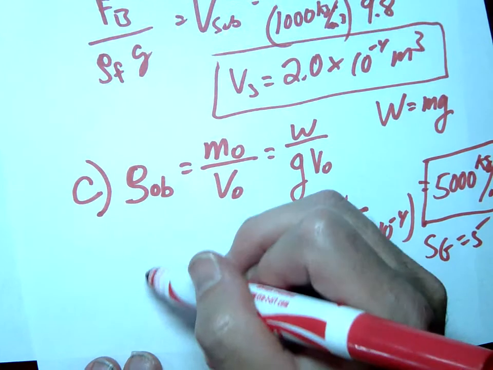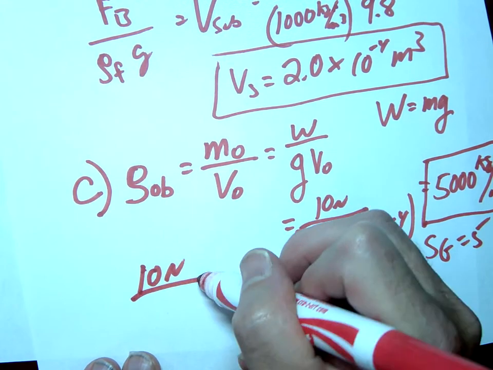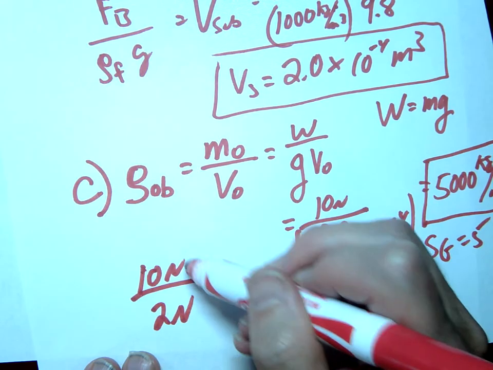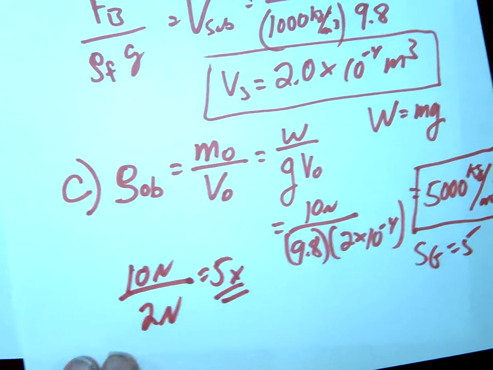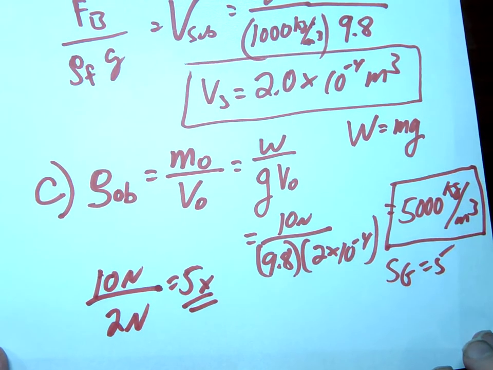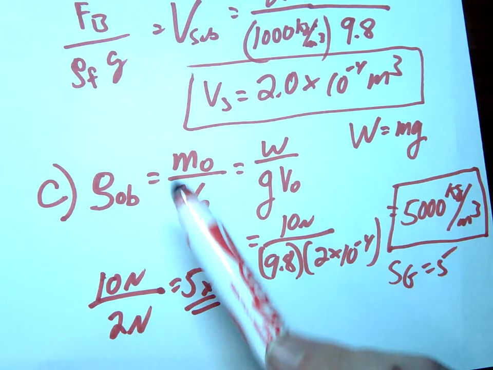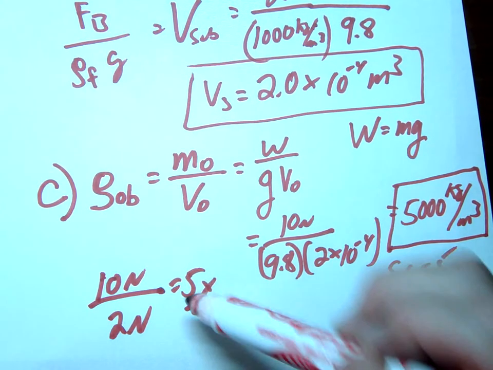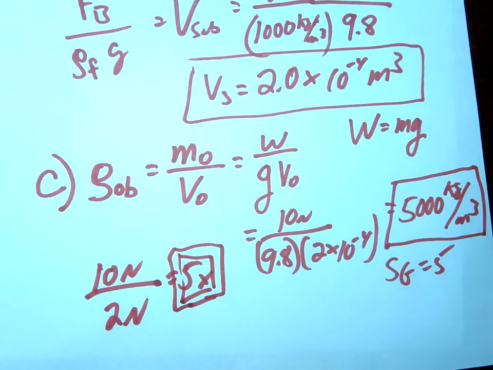The weight of the object was 10 newtons, and the buoyancy force was 2 newtons. 10 divided by 2 equals 5. Is that just a coincidence? Actually, no. If you do a little combining of equations here, you should be able to derive this relationship. I'll leave that to you to try.